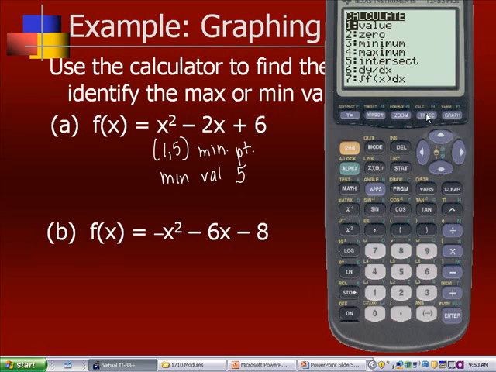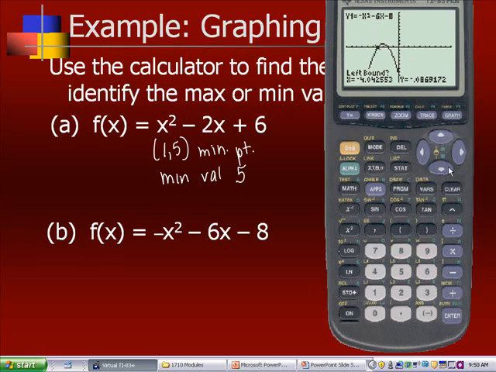So we're going to go second, calculate. This time it's the maximum, number 4. Left bound, we're going to make sure we go over to the left of the highest point. Press enter. Go to the right of the highest point. Press enter. We don't have to guess. Press enter. So the highest point would be negative 2.999, which I would safely call negative 3.